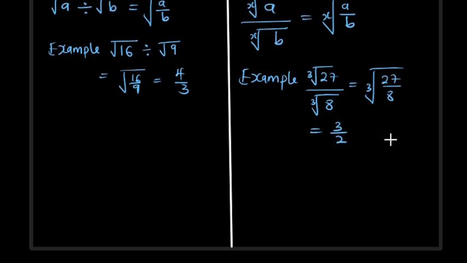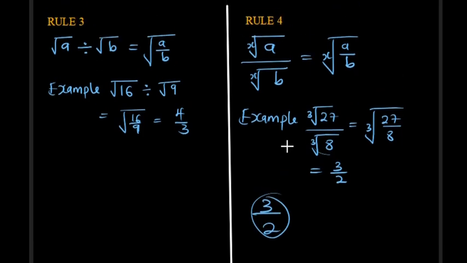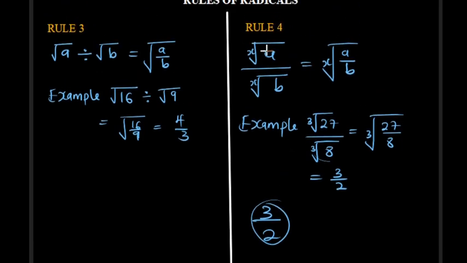If you decide to solve it separately, this will give us cube root of 27 is 3, and cube root of 8 is 2. Okay, so let's go to the next one.